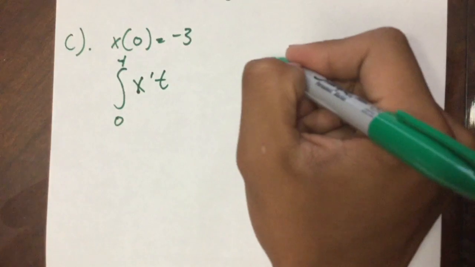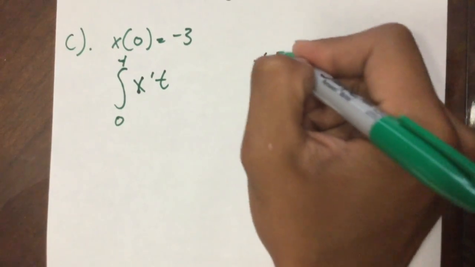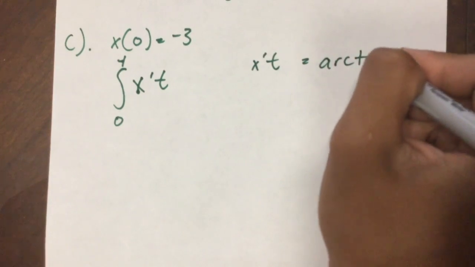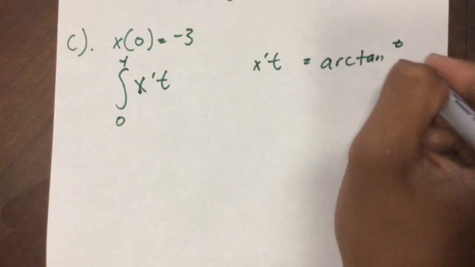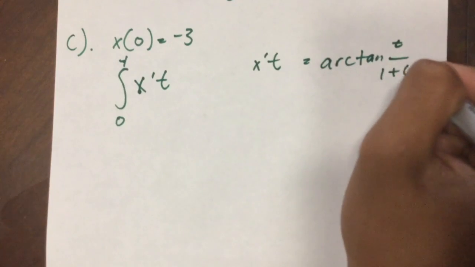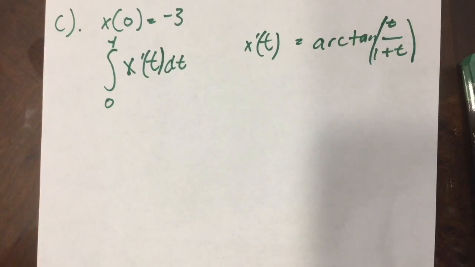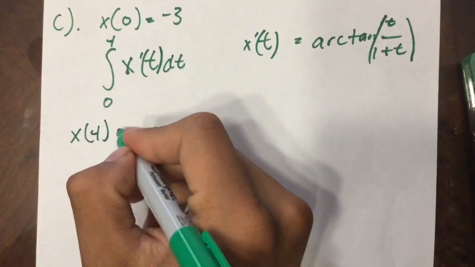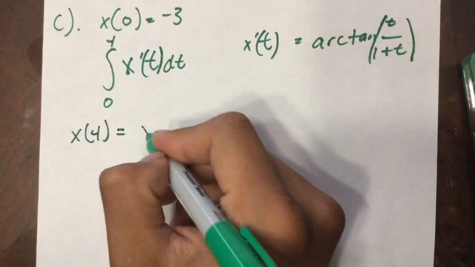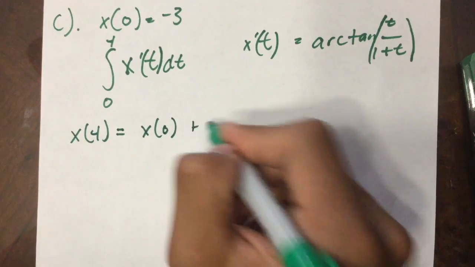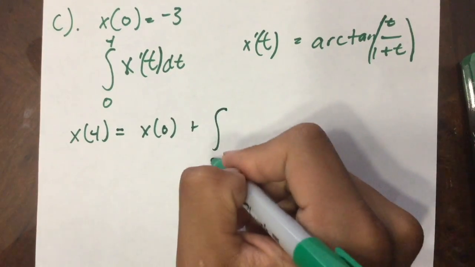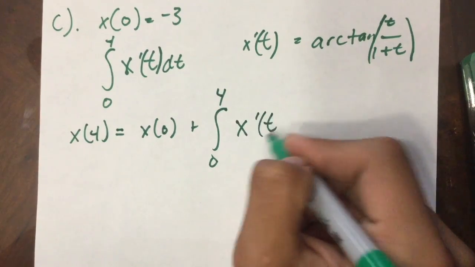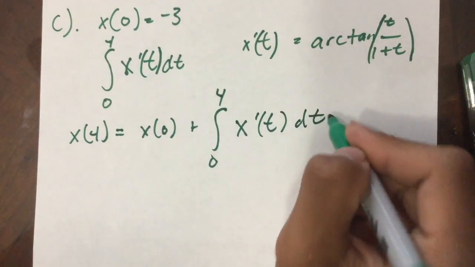Since x prime of t is equal to arctan of t over 1 plus t, to find x of 4, we add the starting point, x of 0, plus the integral from 0 to 4 of x prime of t dt.